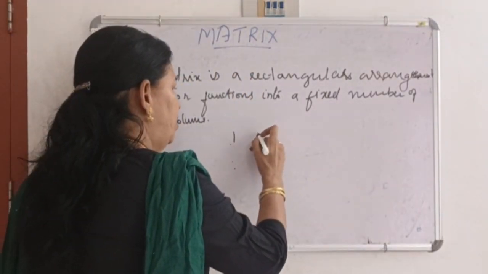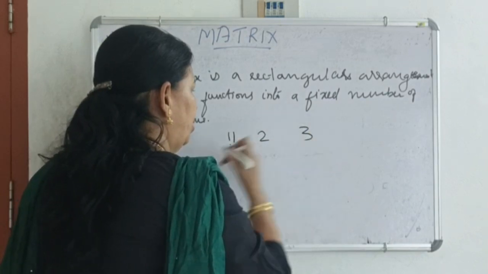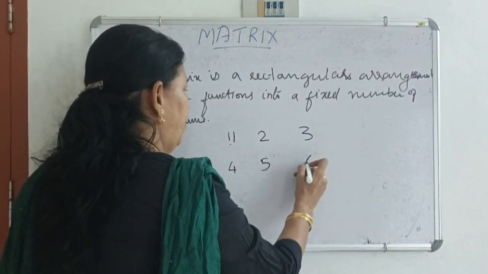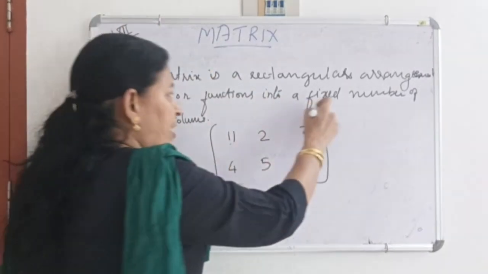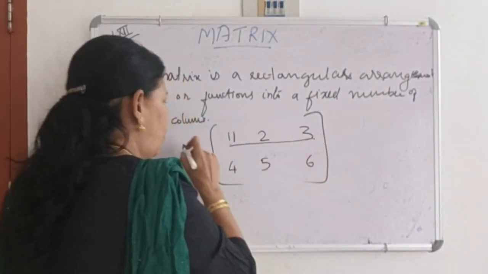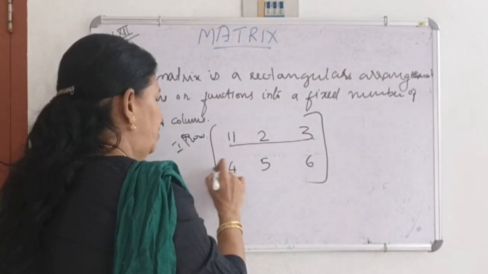For example, 1, 2, 3, 4, 5, 6. Here, numbers are arranged into a rectangular form. This is the first row. This is the second row.